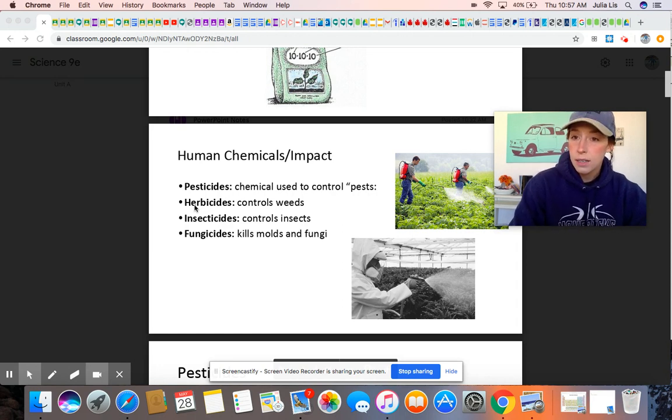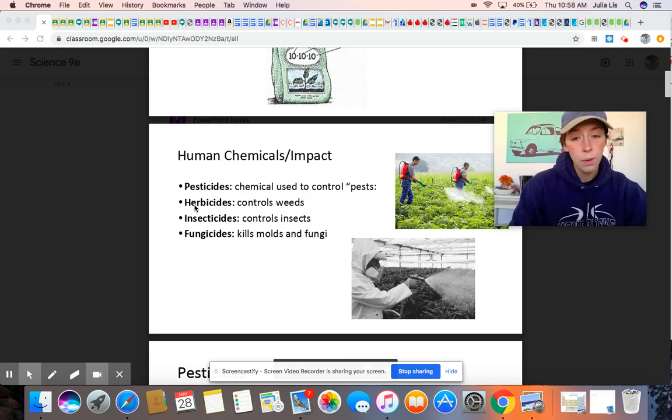Then insecticides are often used. And so insecticides kill insects. They're going to kill the organisms, the insects that are eating your plants. And so this is also why it's always important to wash your fruits and vegetables when you get them, because you never know if a farmer is using certain types of pesticides.